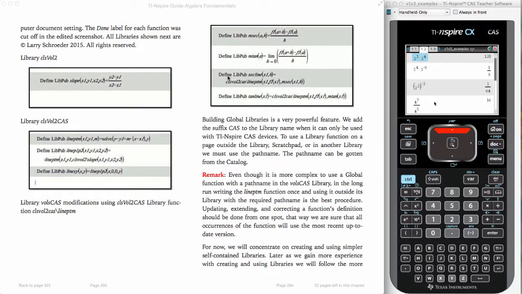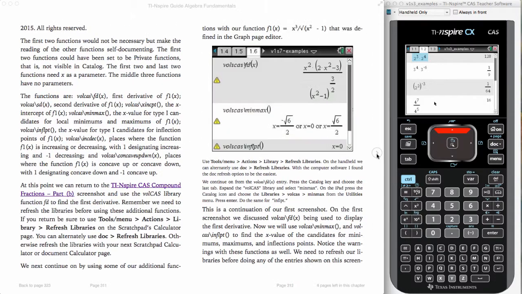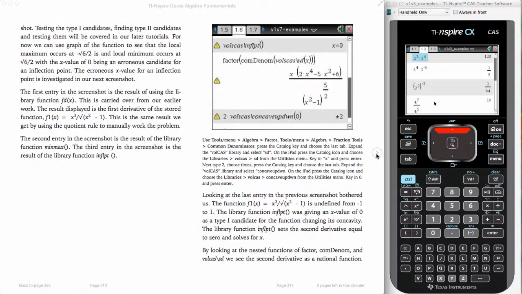The main uses for stuff like this will be in a calculus class. Again, we show you how these libraries work and how we can apply them to help us solve problems.